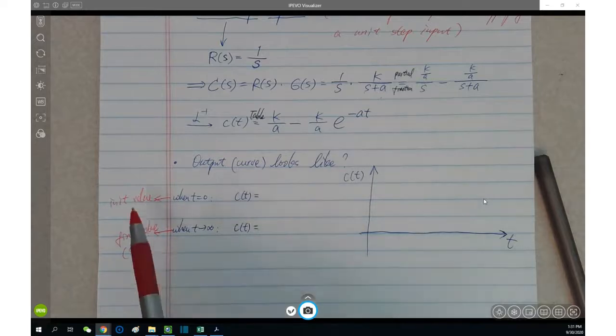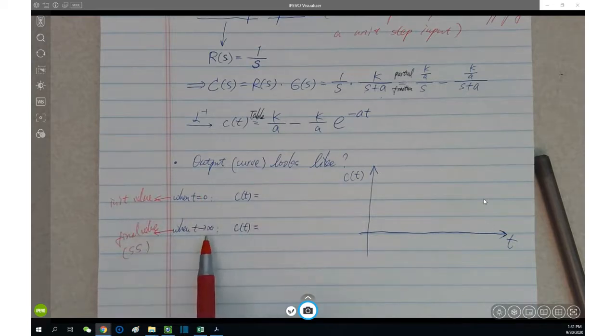So first, understand that when t equals 0, the output value is the initial value. When t is approaching infinity, the output value is the steady state value. Does it make sense? The time is already infinity, so you have definitely reached your steady state value, if there is one.